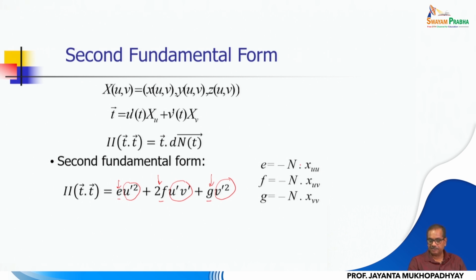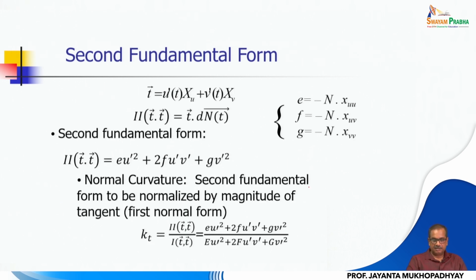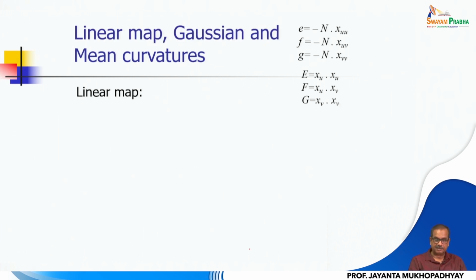They are the dot product of the surface normal and the second partial derivatives of those coordinates. Normal curvature is expressed as the second fundamental form normalized by the magnitude of the tangent. So the expression of kt can also be given as a ratio of these two quantities. So this is also another relationship.